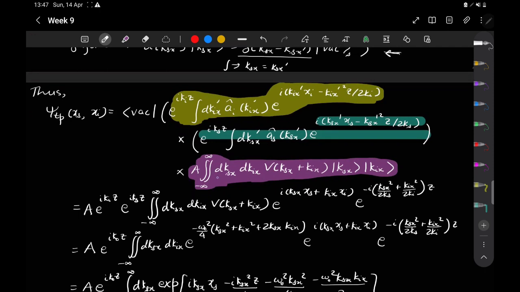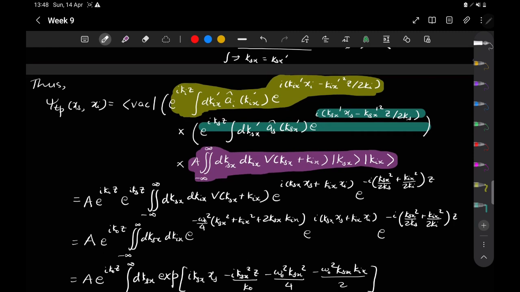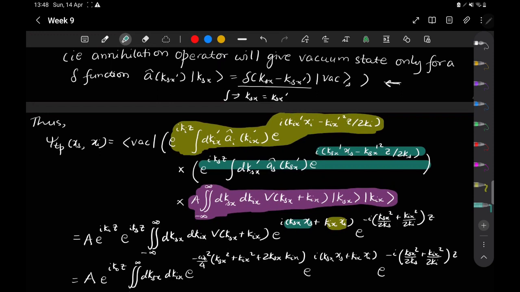And we already had this integral over dksx, dkix, and this ksx prime also becomes ksx. So this ksx over here and this kix prime becomes kix, this kix over here. So this comes from that integral of delta function and this comes from the signal integral over delta function.